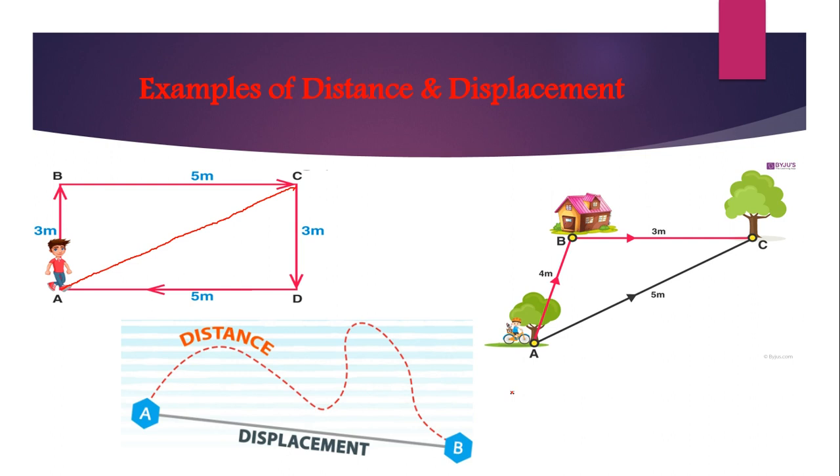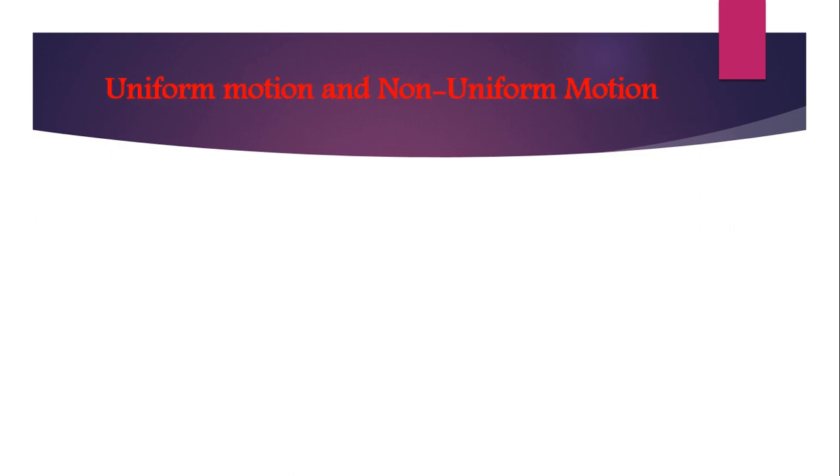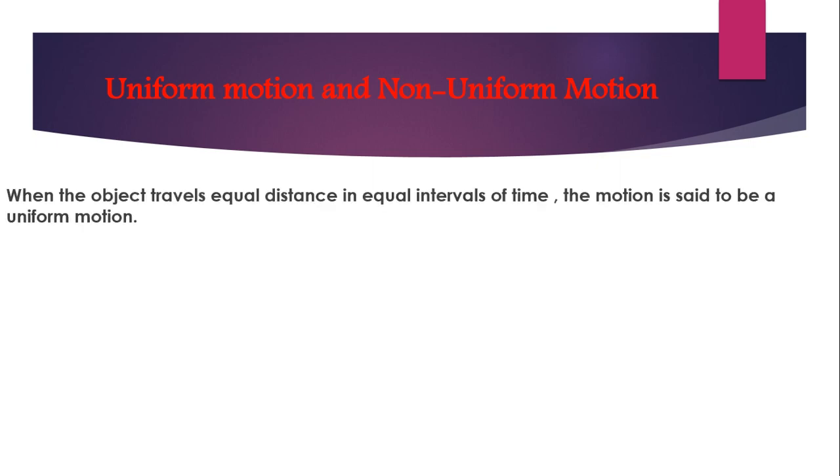After discussing distance and displacement, let's discuss two more very important aspects of motion, which are uniform motion and non-uniform motion. What is uniform motion and what is non-uniform motion? When the object travels equal distances in equal intervals of time, the motion is said to be a uniform motion.